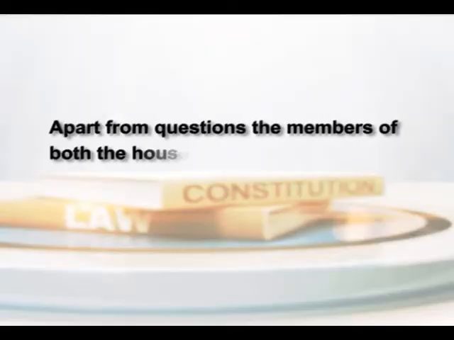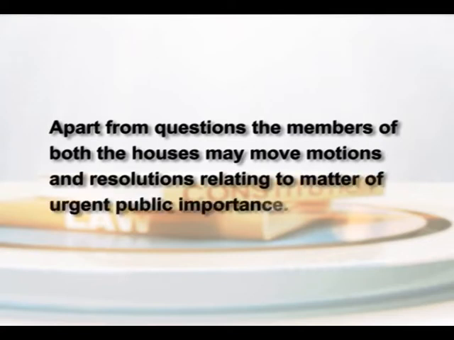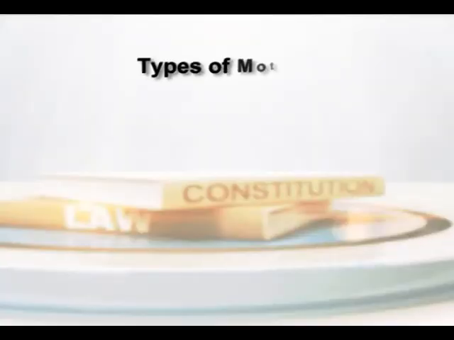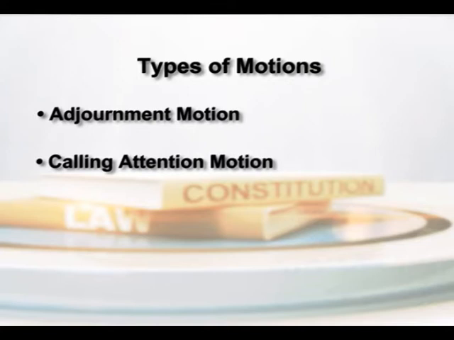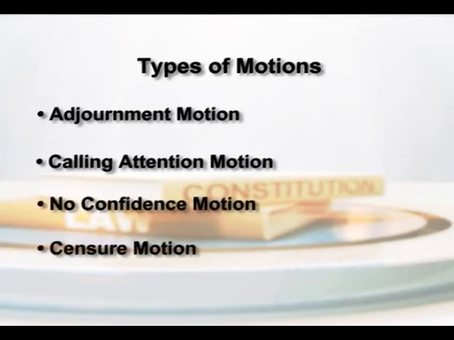Apart from questions, the members of both the Houses may move motions and resolutions relating to matters of urgent public importance. Now, motions are of different types. They are namely adjournment motion, calling attention motion, no confidence motion, and censure motion.